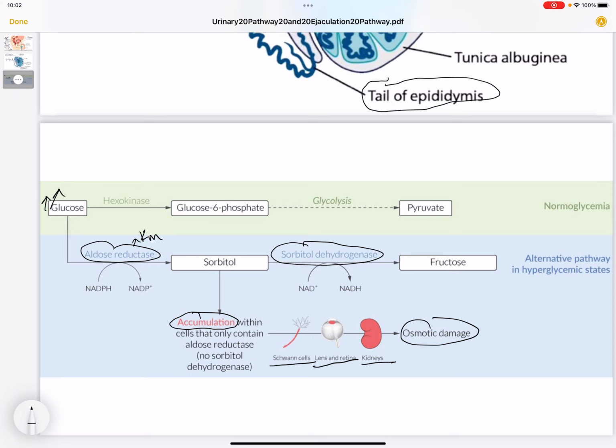Now, the enzyme sorbitol dehydrogenase is found in our seminal vesicle, and this is very important because in the seminal vesicle, sorbitol can be converted into fructose, and fructose is the main energy source for our sperm cells.